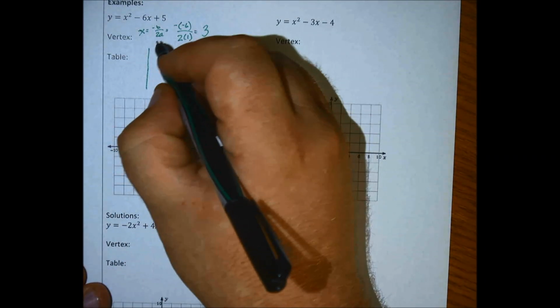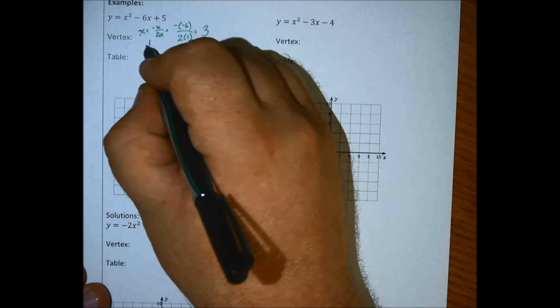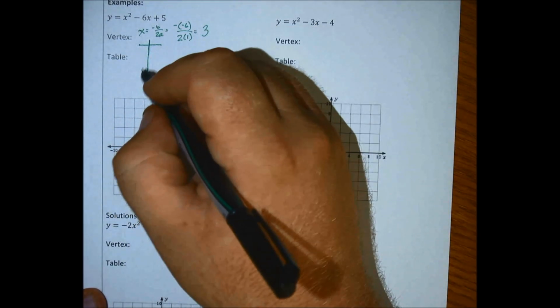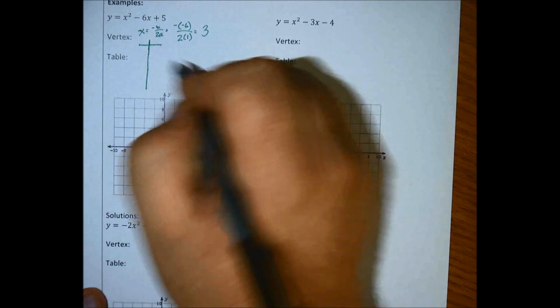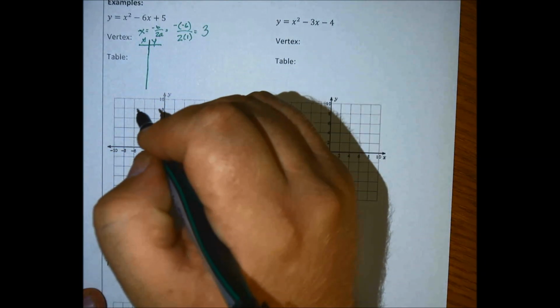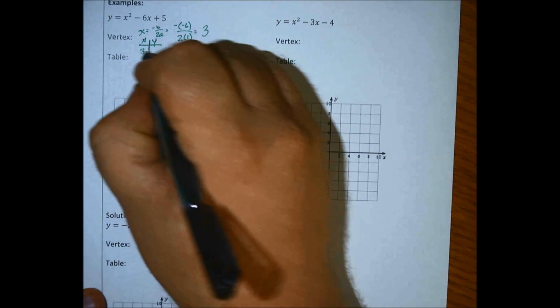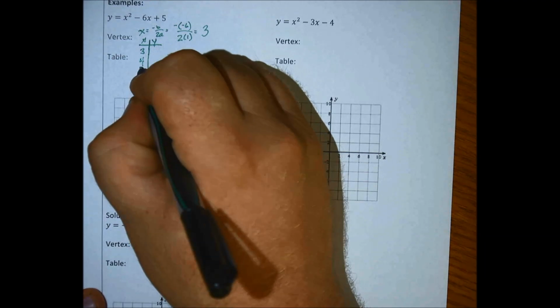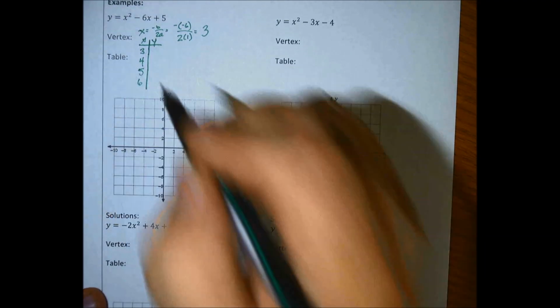Since I'm not dealing with a fractional vertex, I'm going to go ahead and start with that and just plug in one side and use the axis of symmetry to help me out. So we have x and y. Let's start at 3. And maybe we just go 4, 5, and 6.